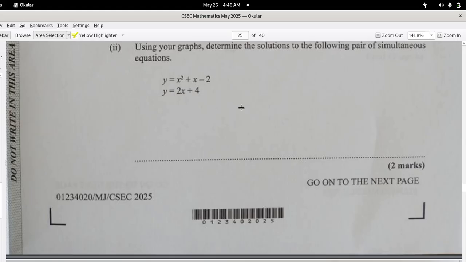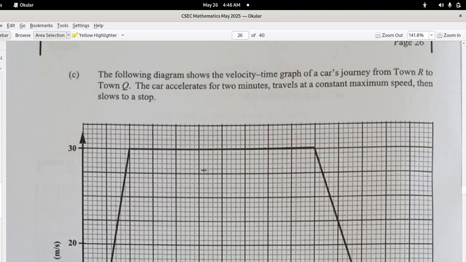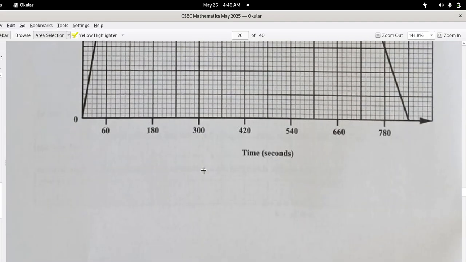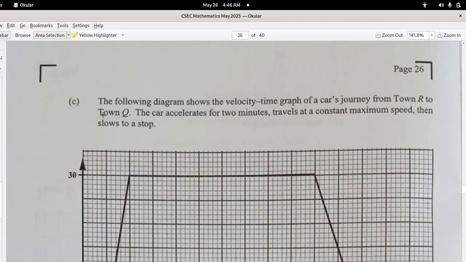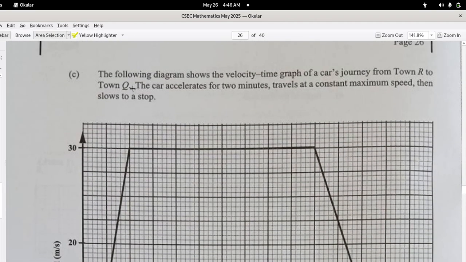Okay, now part C. The following diagram, and by the way, let me look back.